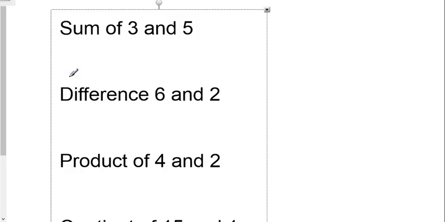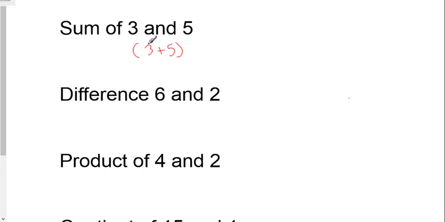If I had the word sum of 3 and 5, what I need you to do from now on, when you see sum, difference, product, or quotient, is think invisible parentheses. So if I see sum of 3 and 5, think, well, the 3 and the 5 are in a parentheses, and sum means add, so you're adding 3 plus 5. It's like an invisible parentheses.